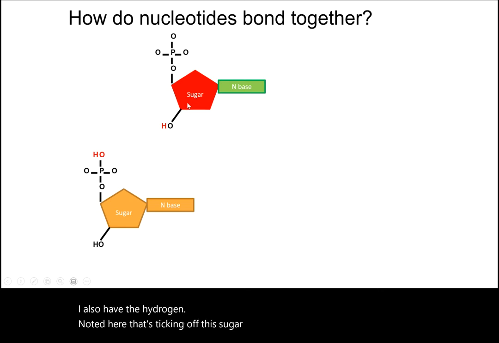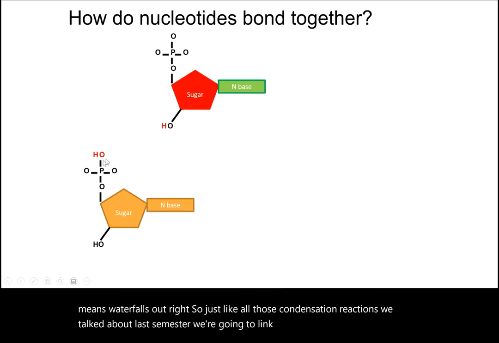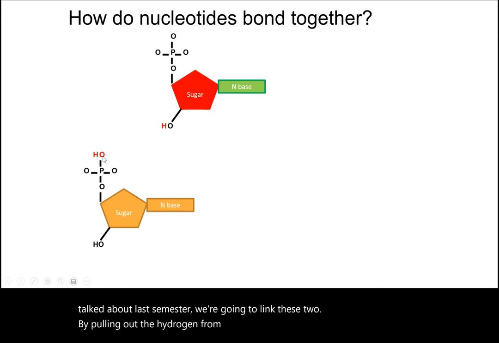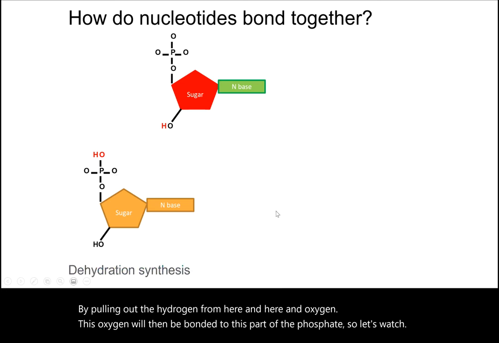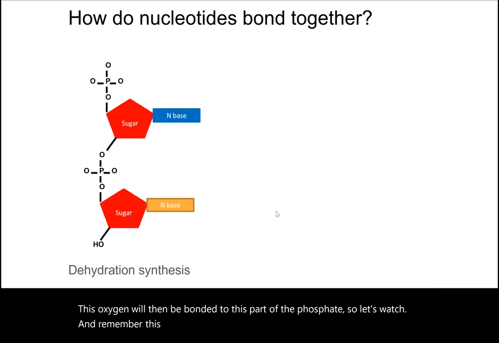Now, condensation reactions, that means water falls out, right? So just like all those condensation reactions we talked about last semester, we're going to link these 2 by pulling out the hydrogen from here and the oxygen. This oxygen will then be bonded to this part of the phosphate. So let's watch. And remember, this is dehydration synthesis. Oh, now it's red.